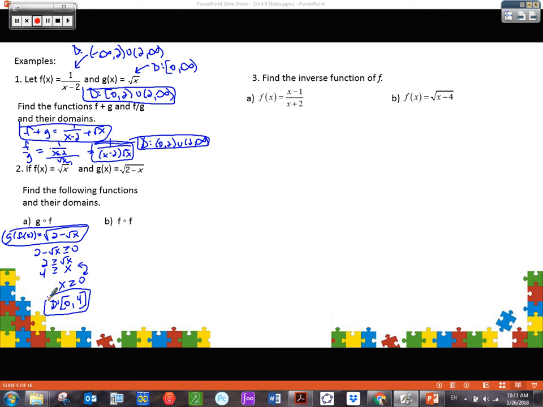Okay, the last composite, we're going to do f of f of x. So we're going to insert f of x into f of x, which I know is always just weird, but that's just what we're going to do. So that's what we just did. We inserted f into f of x. Now we can simplify that. That looks a bit of a mess.